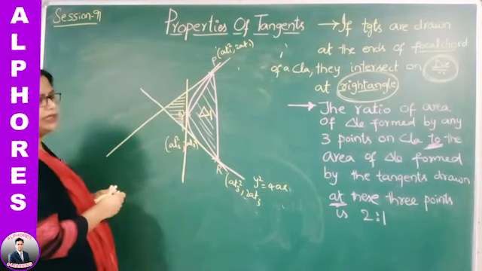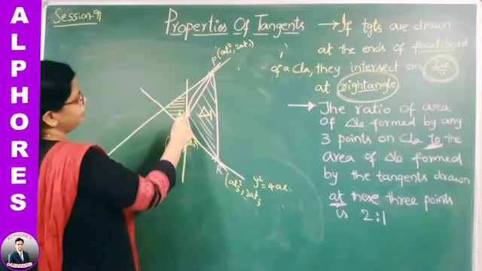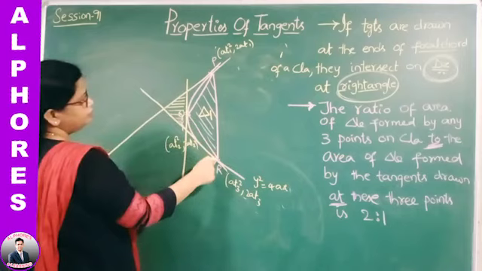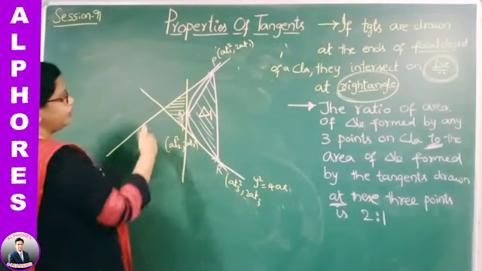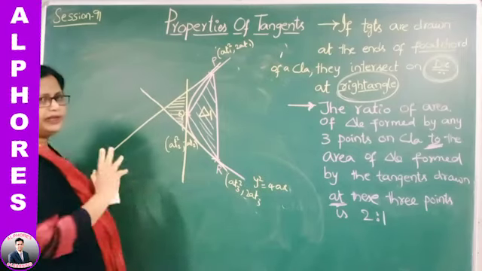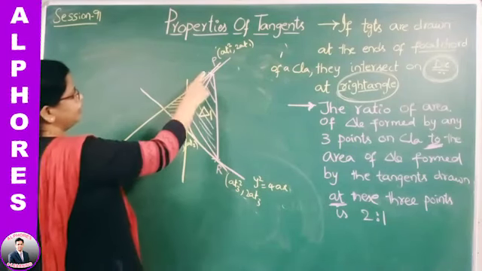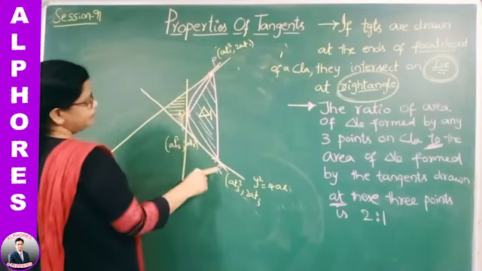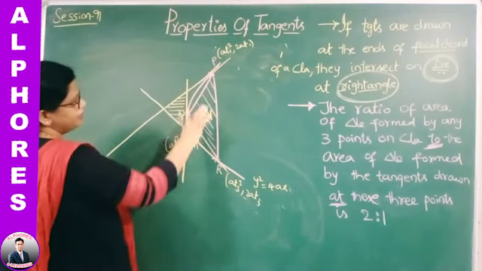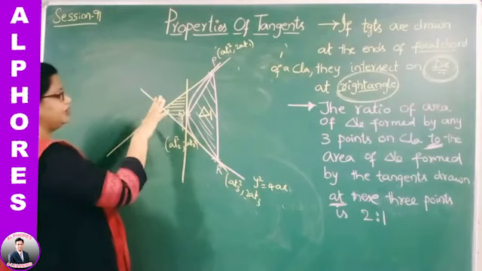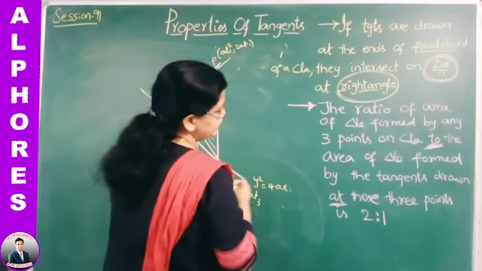One is the area of the triangle formed by the 3 points on the parabola, and the other is the area of the triangle formed by 3 tangents drawn at the same points, not one here and one there, but at these 3 points.